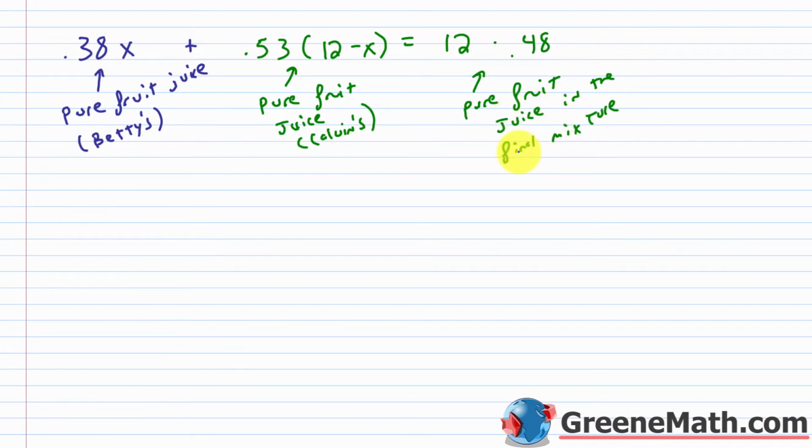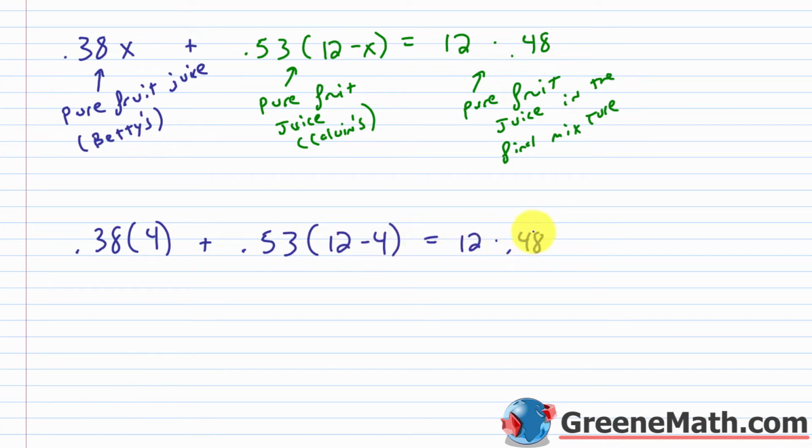So if I just plug in a 4 everywhere I see an x, I can just make sure the left and the right side are equal, and I'm going to be good to go. So 0.38 times 4 is 1.52. 0.53 times 8 is 4.24. And 12 times 0.48 is 5.76.